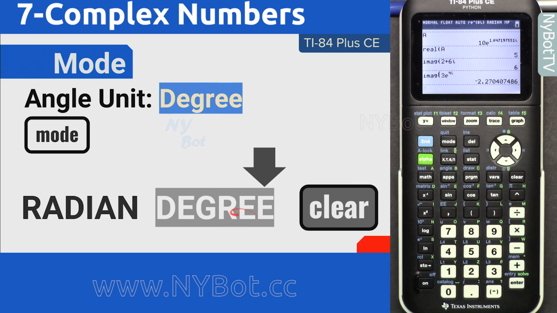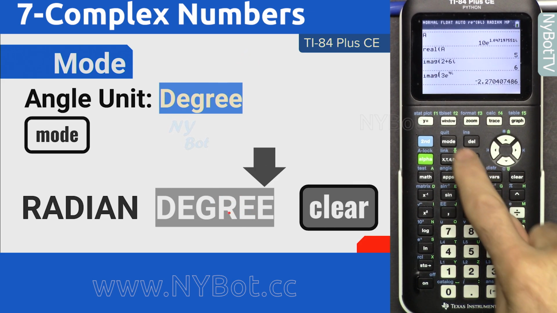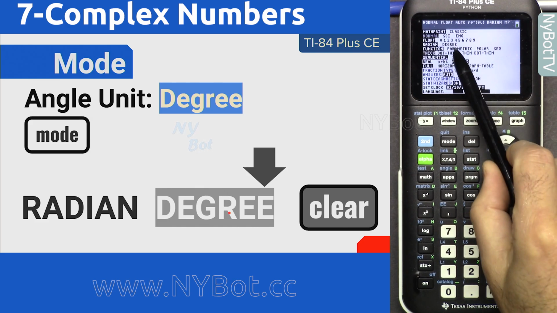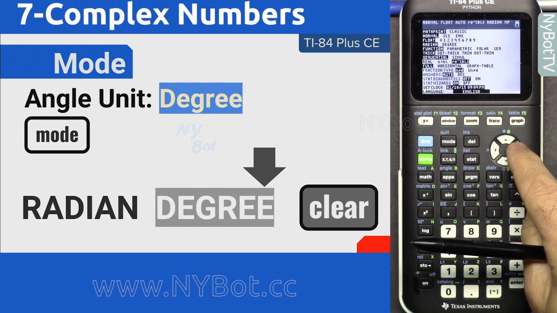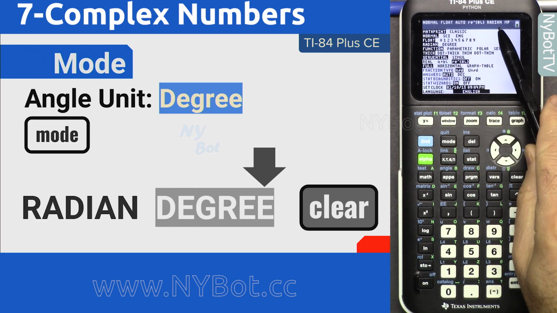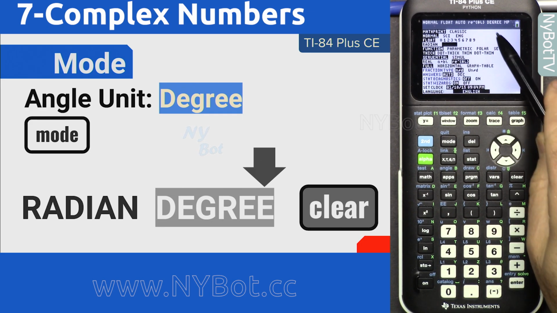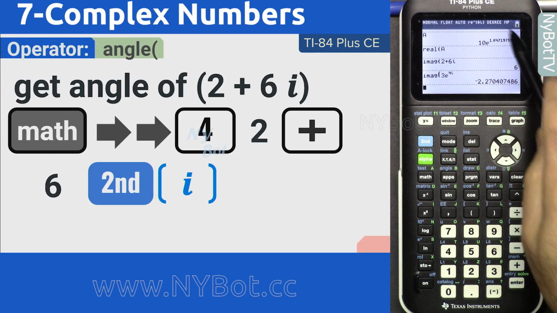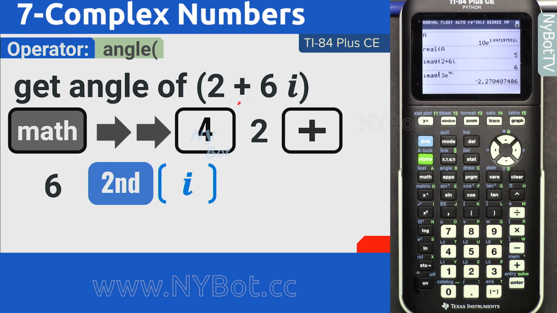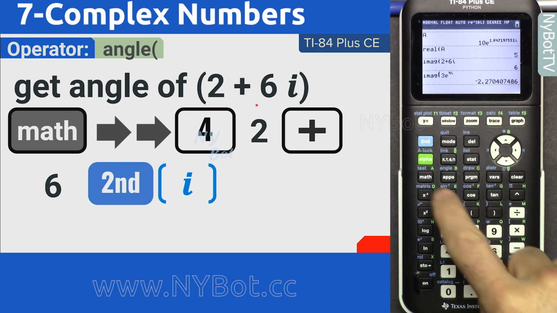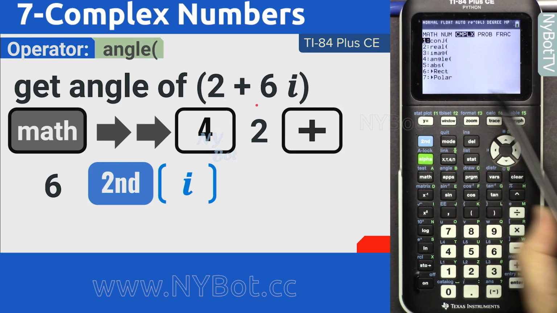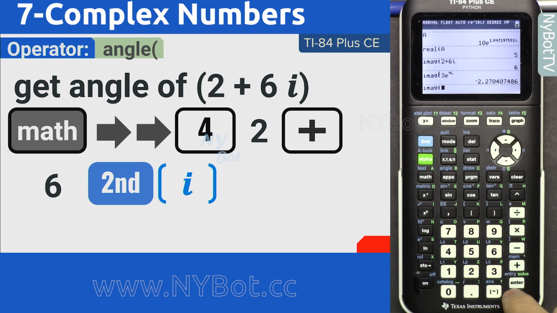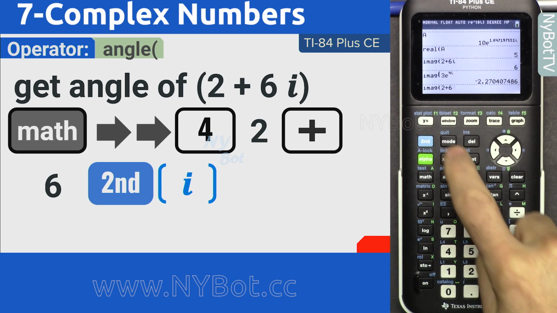Now let's set the unit to degree, press mode, and degree is in here, once, twice, selected degree. Remember now it's radian. If I press enter, it has changed to degree, clear to exit. Now let's get the angle of 2 plus 6i, math, complex, 3, and then 2 plus 6, second function, i.